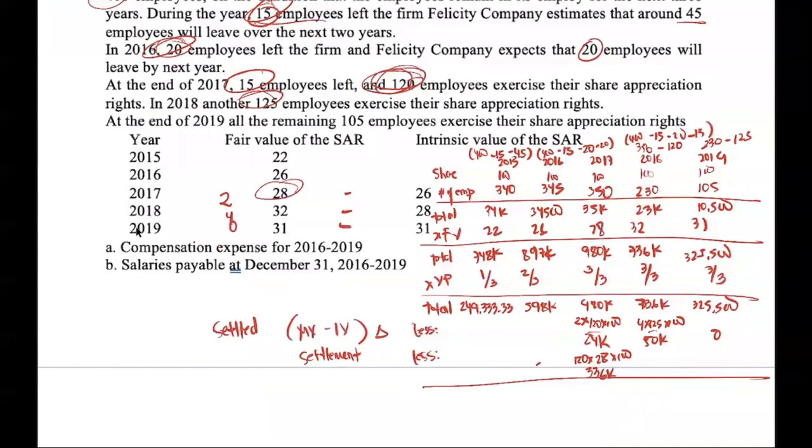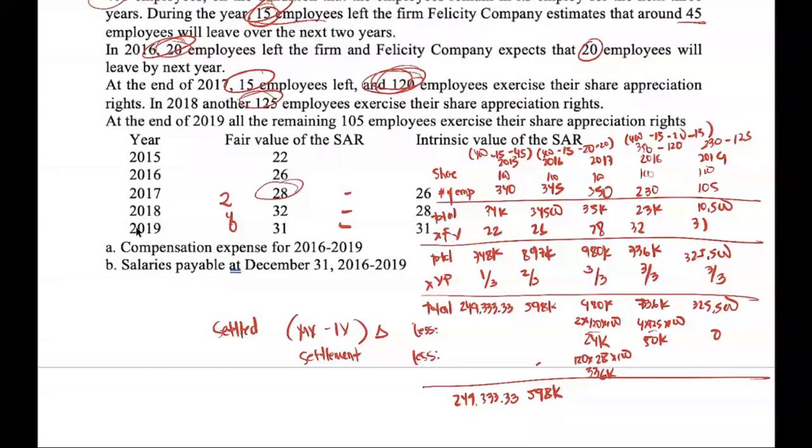So this is now the amount of our compensation expense and the balance. So 249,333.33, 598,000.